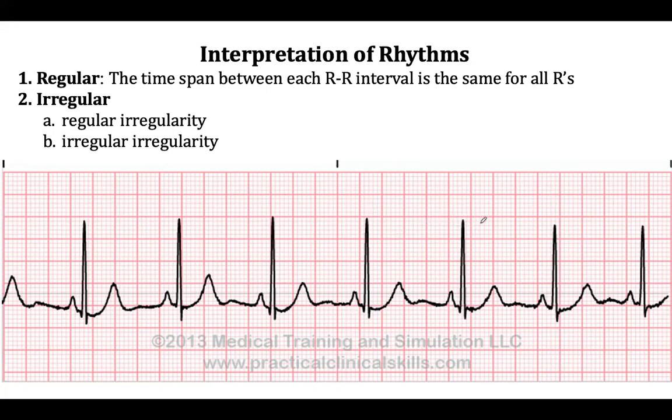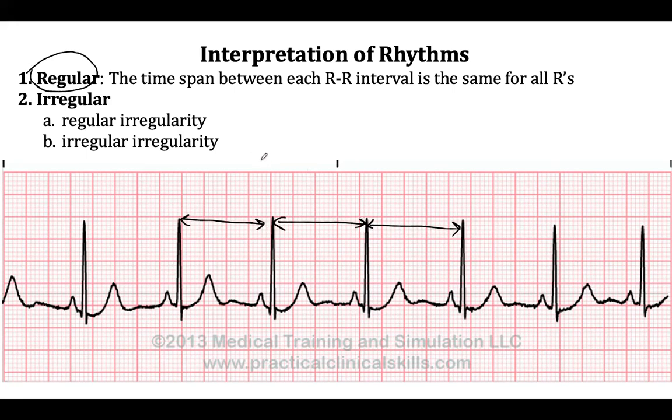So if I'm comparing this distance to this distance to this distance, what I notice is that the distance is the same for all of them. You can continue going over this. So in that ECG, the rhythm will be identified as normal or regular. This is what I would choose if I'm looking at my rhythm.